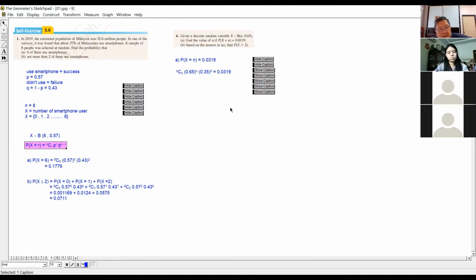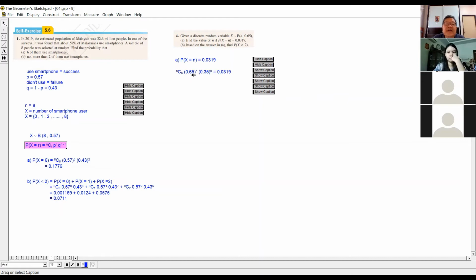What is it? 4 choose 4. What is it? So nCn is 1. nC0 is also 1. Sometimes they may test you. They put there nC0. So nC0 is also 1. Okay? nCn is also 1.